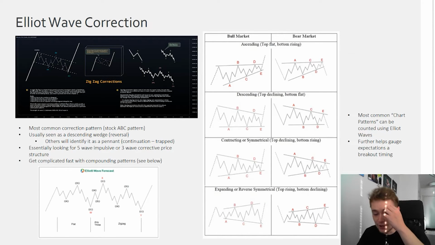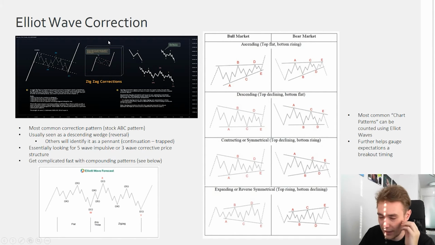I'm not going to go over this in depth, but correction-wise, there's a lot of different types of corrections. You're probably used to seeing these triangles or wedges. They also come in combinations. This is why things get complicated. Because you can have a zigzag like this, which usually appears as a bull flag, or a bear flag if it's in a downtrend. But you can also get combinations.